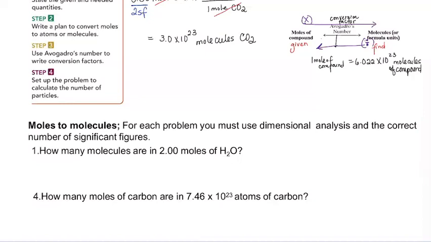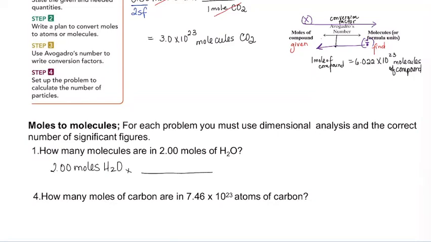Great, let's go over the answers of these 2 problems. In the first problem, we're trying to find out how many molecules of water we have in 2.00 moles of water. Because 2.00 moles is what's given, that's what we're going to write, 2.00 moles of water.